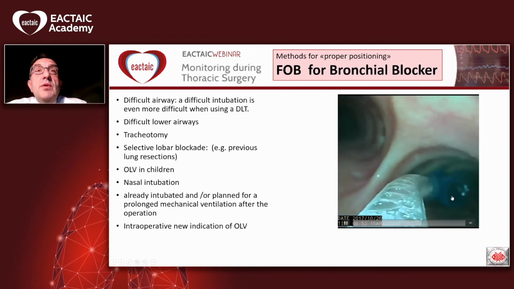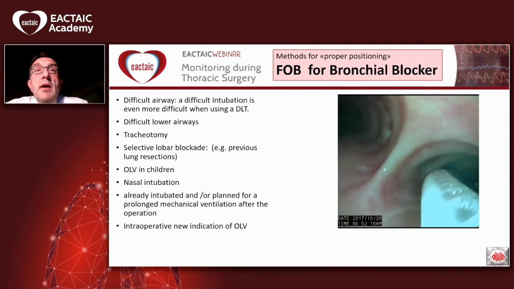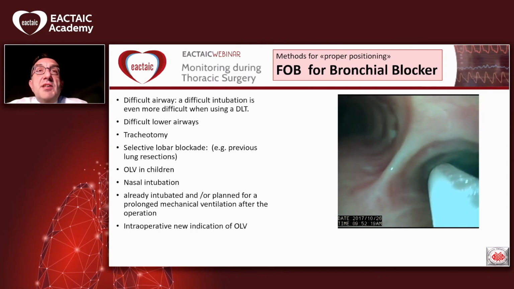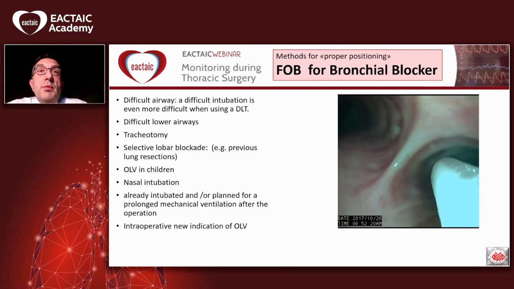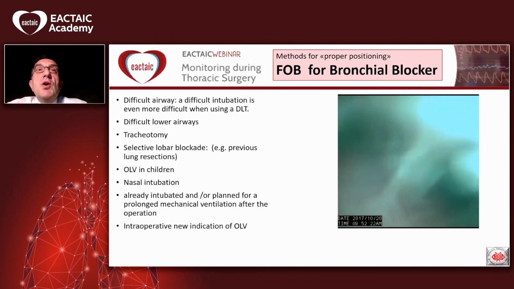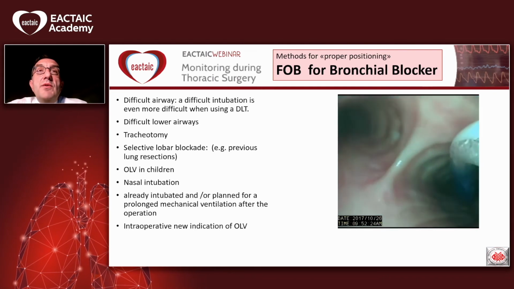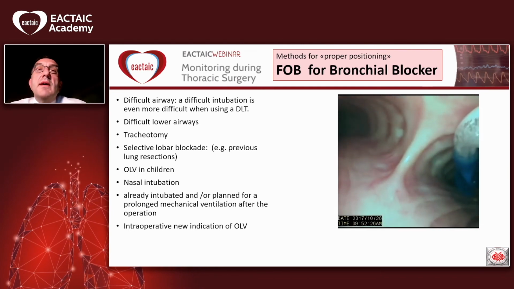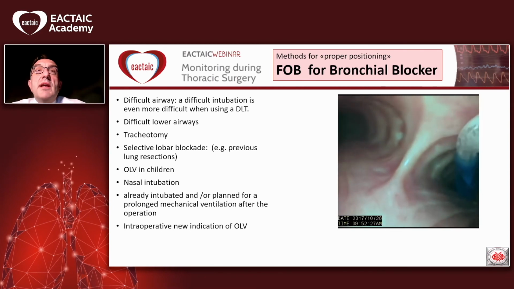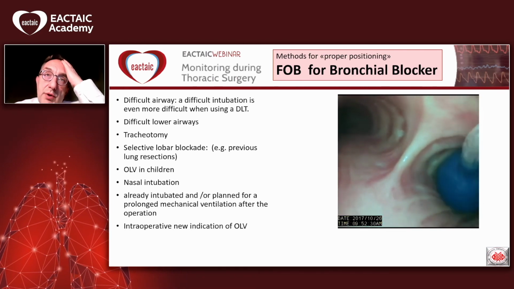It's always a good idea, I would suggest, to see the inflation also under fiber optic bronchoscopy control, because in that way you can be sure about the correct positioning of your bronchial blocker.